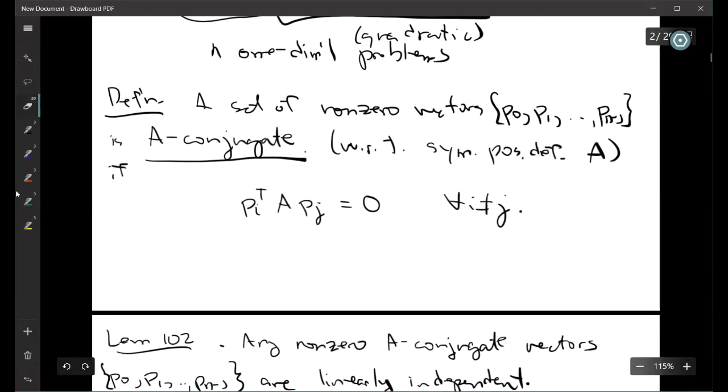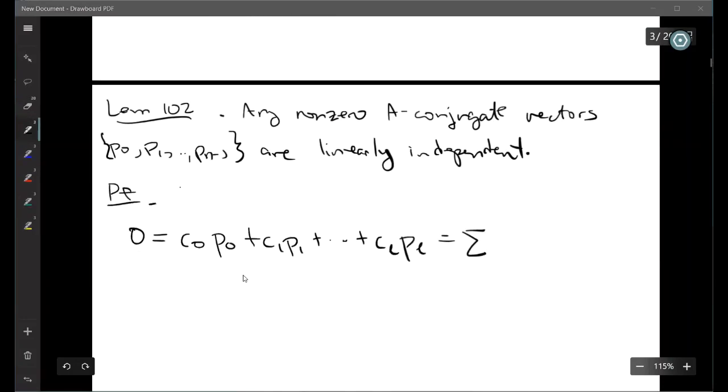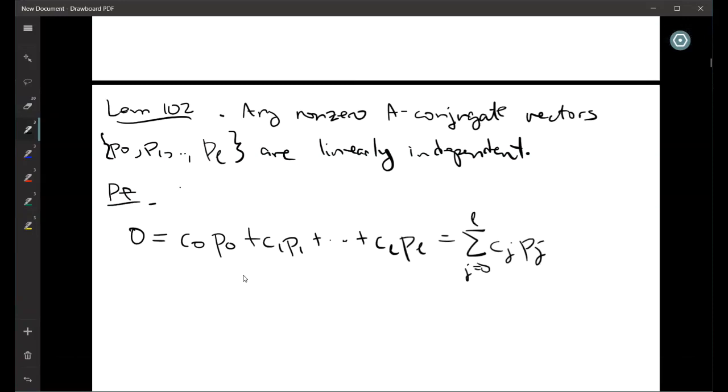This is not actually n minus 1, I'll just use any number of vectors. So this linear combination is equal to the sum of c_j p_j, j equals 0 to L, and suppose this holds for some real numbers c_0 up to c_L.